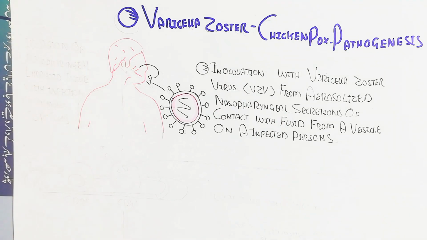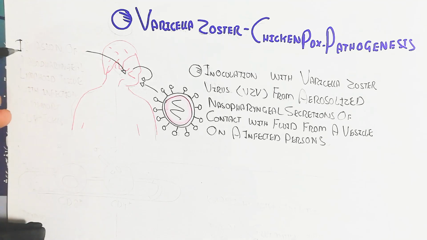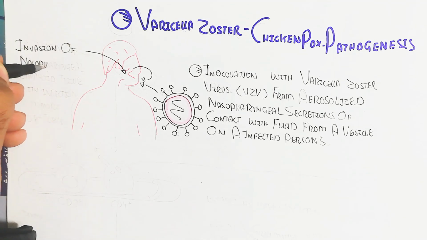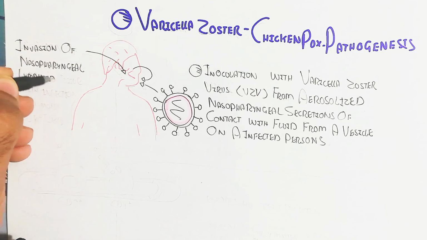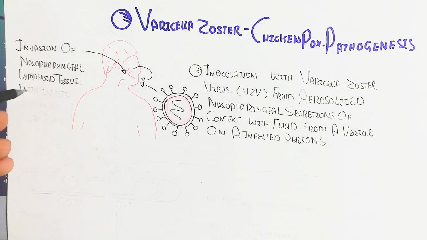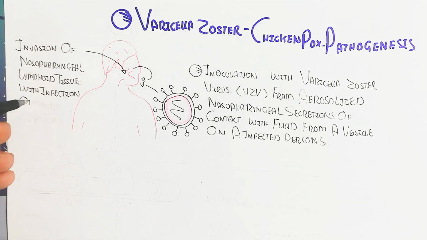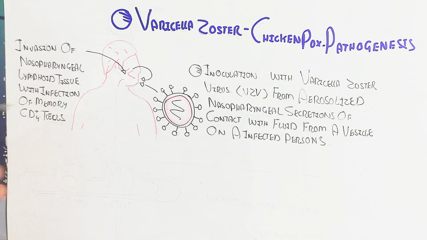So basically, invasion of nasopharyngeal lymphoid tissue leads to infection of memory CD4 positive T cells. This memory CD4 T cell is important for the recognition of the antigen and to trigger the adaptive immune response.